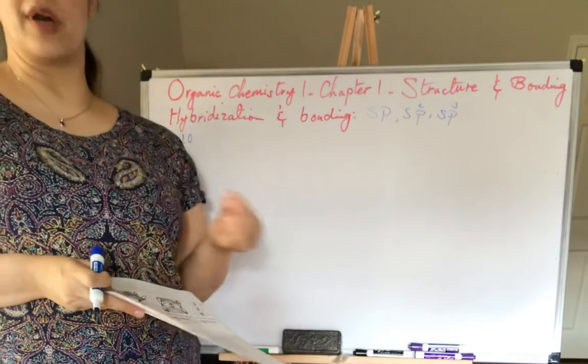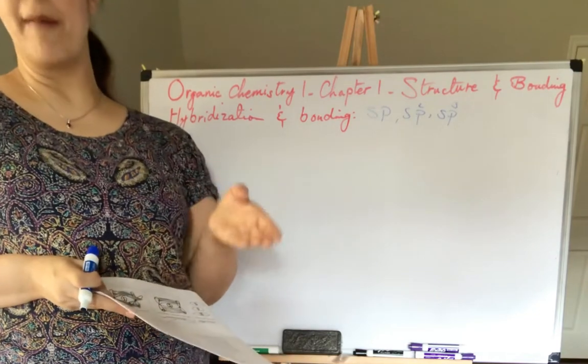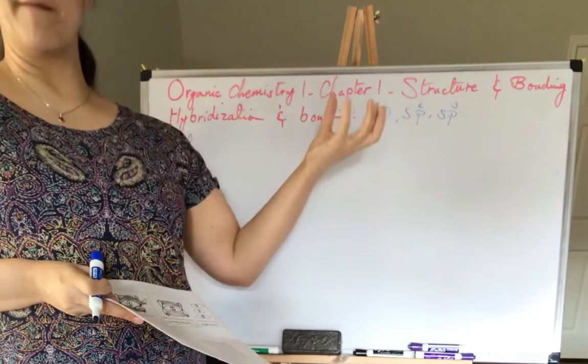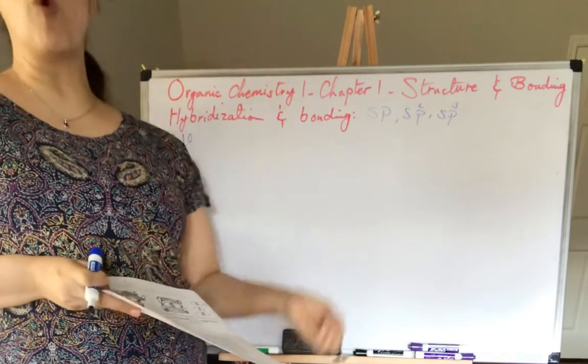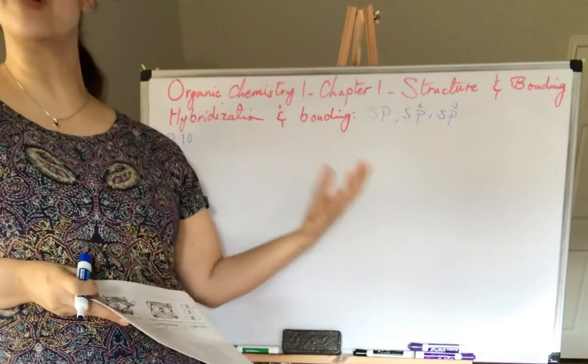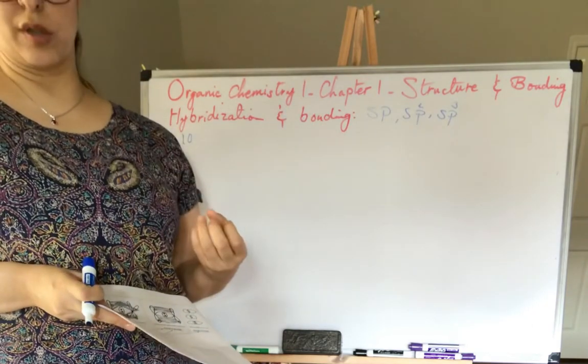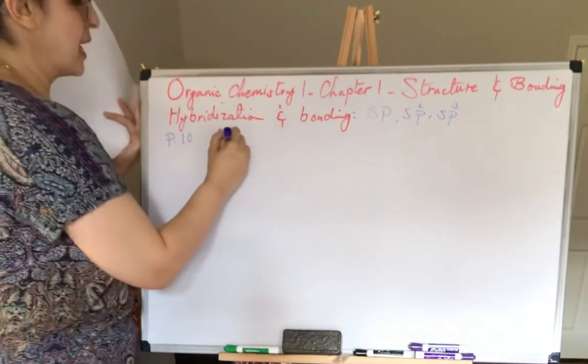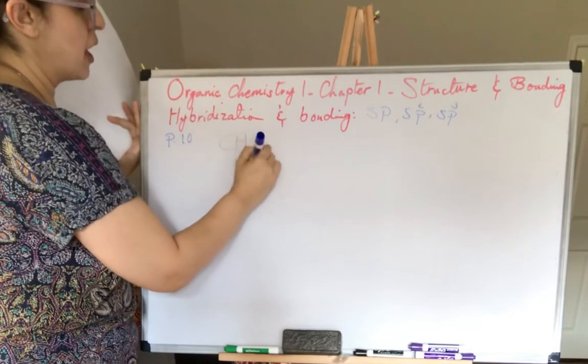And if you remember, the word hybrid means mix. So s and p orbitals mix and form hybrid orbitals, and then these hybrid orbitals will bond with each other. So for example, the very easy example is the methane molecule.